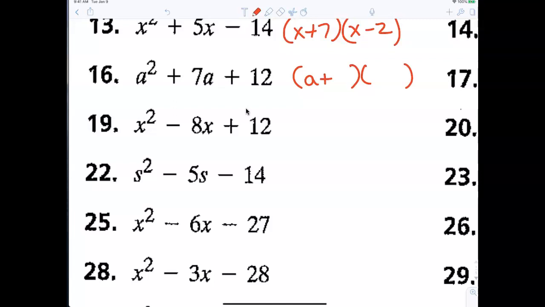Are you doing 16? What are the factors of 12 that make 7? 4 and 3. You sure? 5's not in there? So A plus 4.